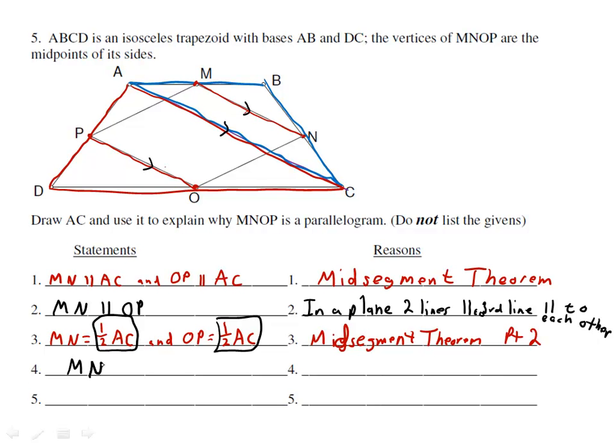MN equals OP. They're equal to the same thing, 1/2 AC. Thank you, Honest Abe, for making a presidential appeal to us that we could understand to use as a step in our proof. And we just call that substitution.